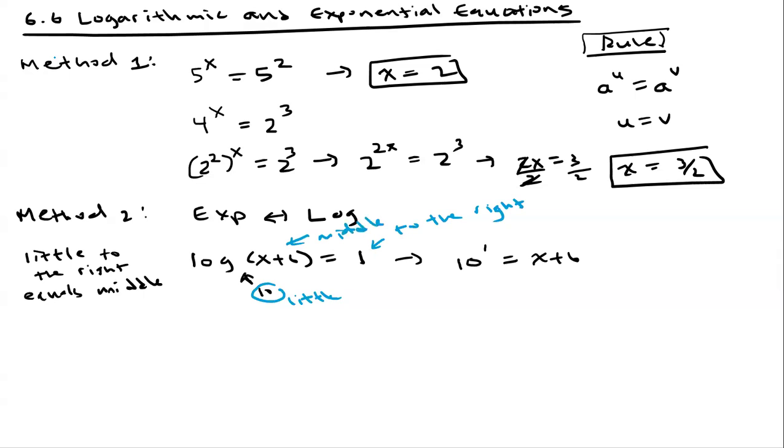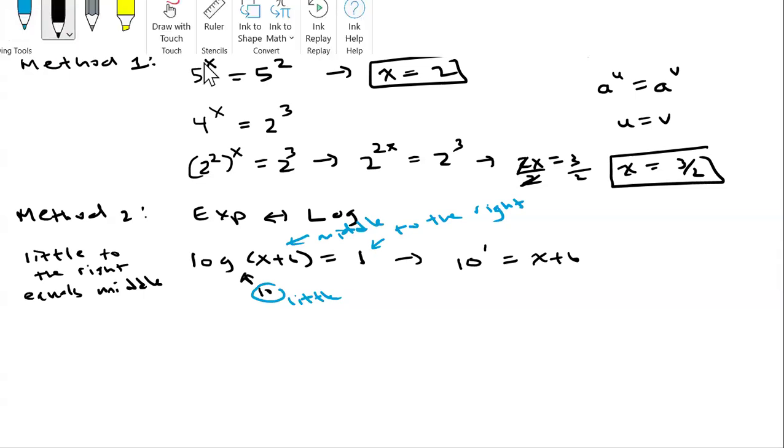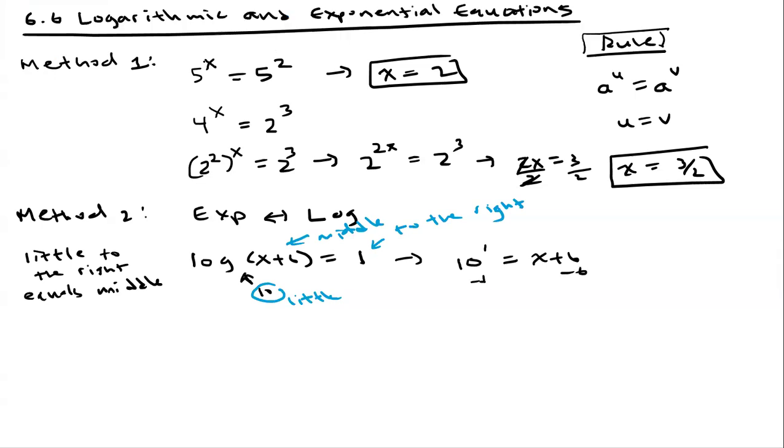Now it's in a form we can do. So 10 to the 1 is just 10, and then we'll subtract 6 on both sides, and x gives us 4.